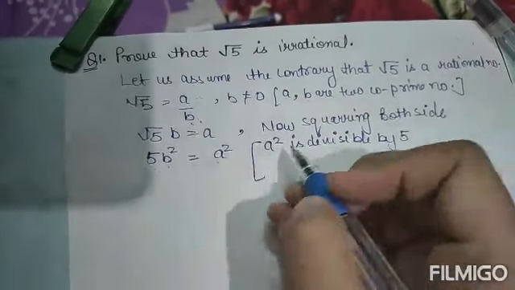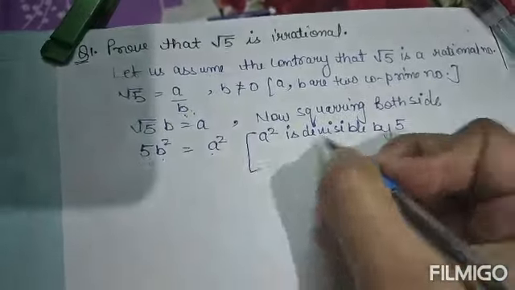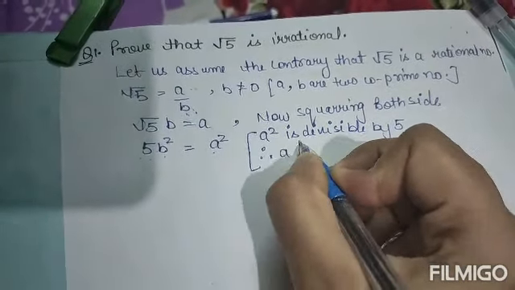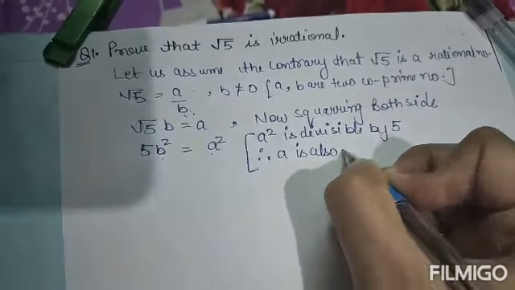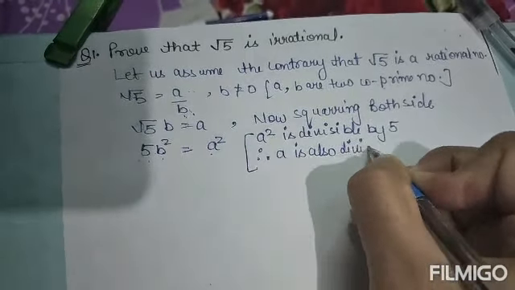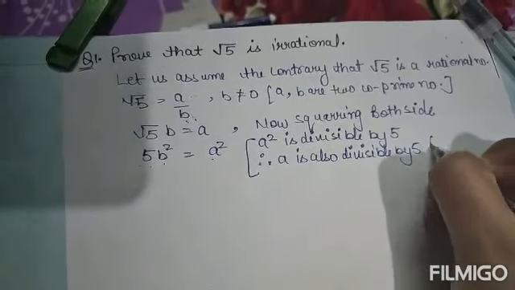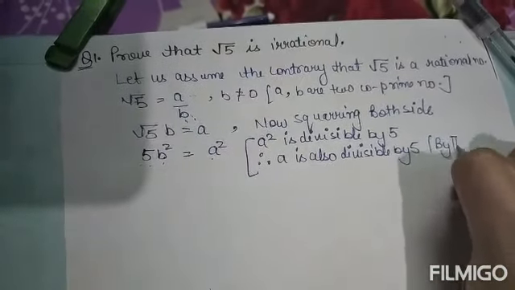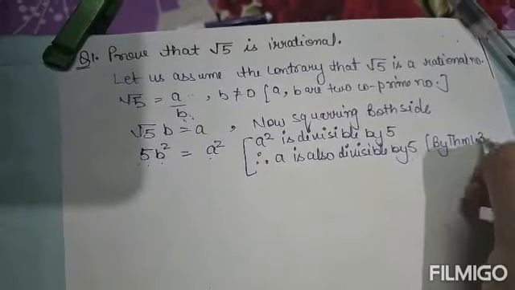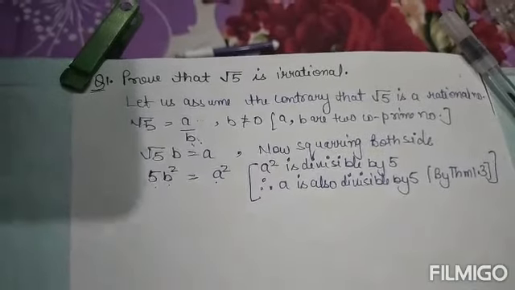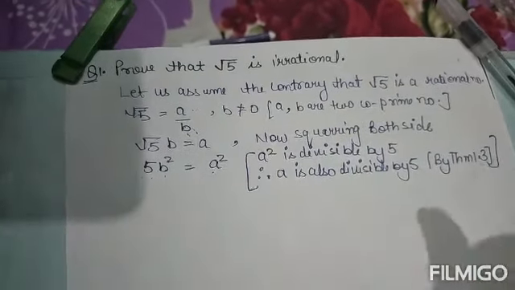So by theorem 1.3, therefore a is also divisible by 5 by theorem 1.3. You have to state the theorem here.